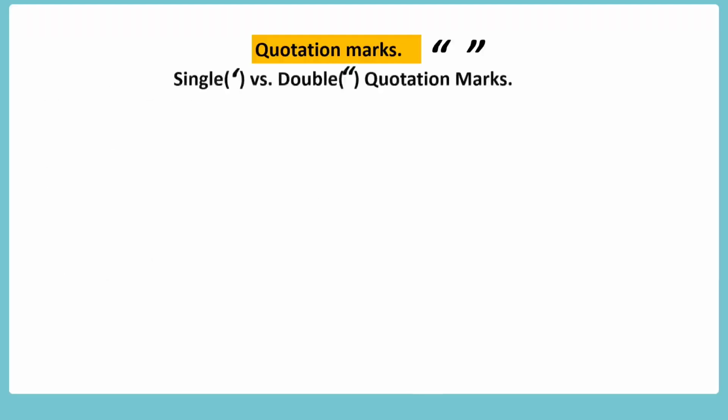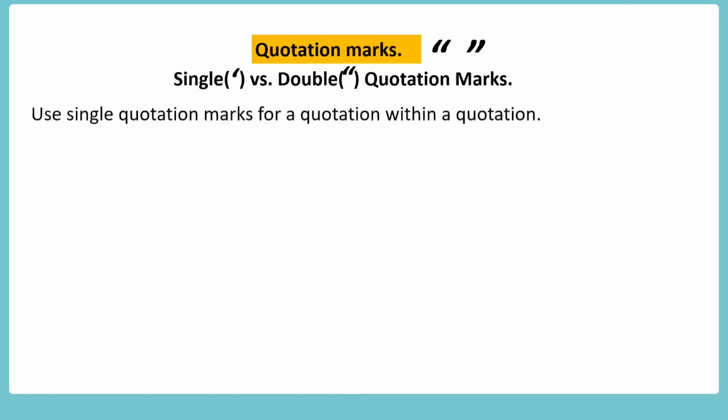There are two types of quotation marks, single and double. Single quotation marks can be used inside double quotation marks to enclose a quote within a quote. For example, John said, "Mary told me 'I'll be there in 5 minutes.'"